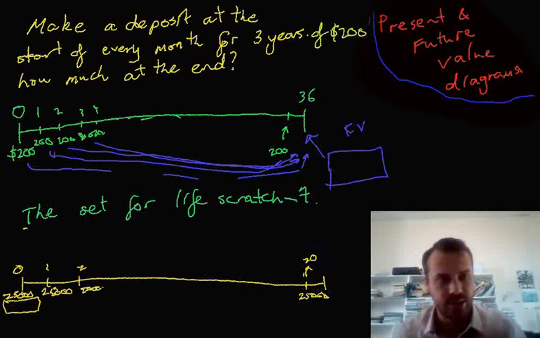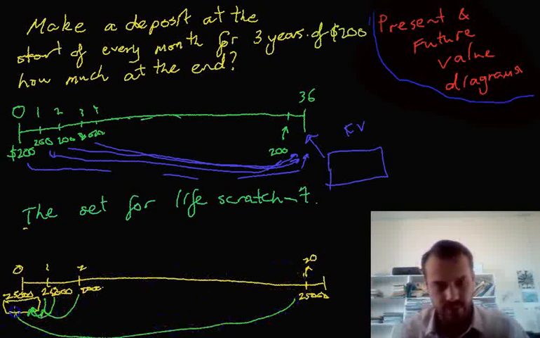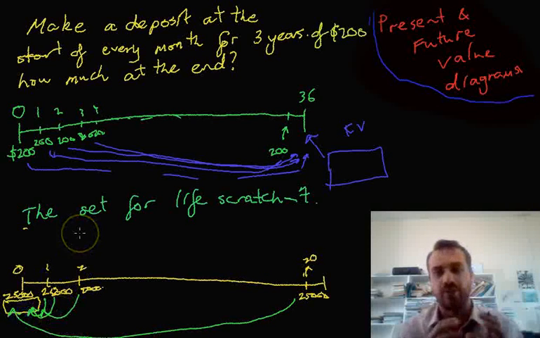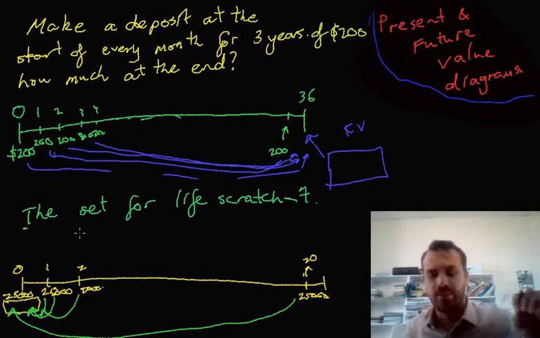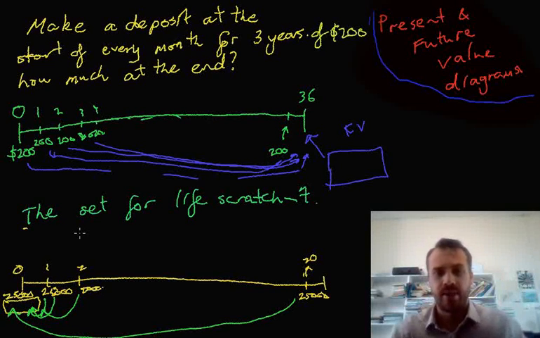And the question we're asking is, if we found the present value of each of those amounts, we could then know what the value of a Set for Life Instant Scratch It would be. How much could they pay you out for and not do that instead?